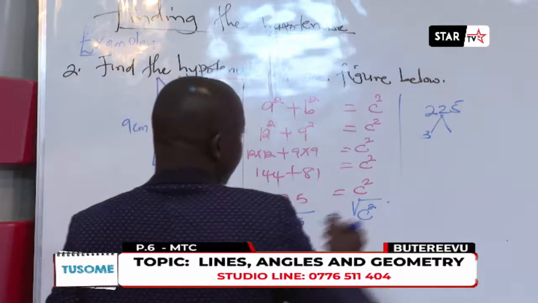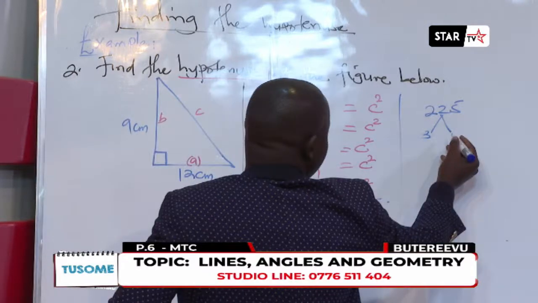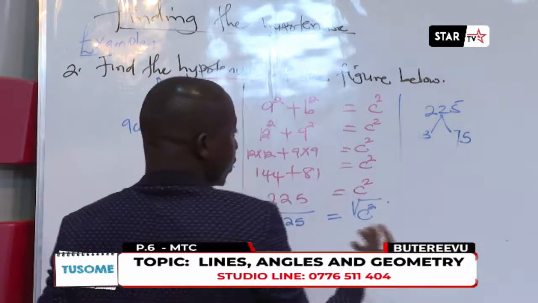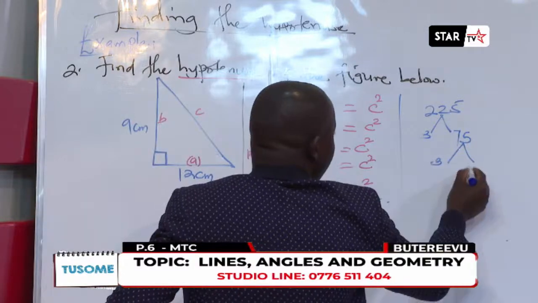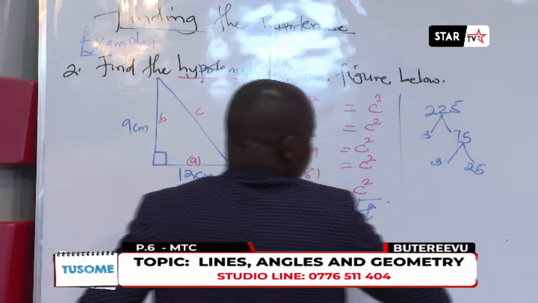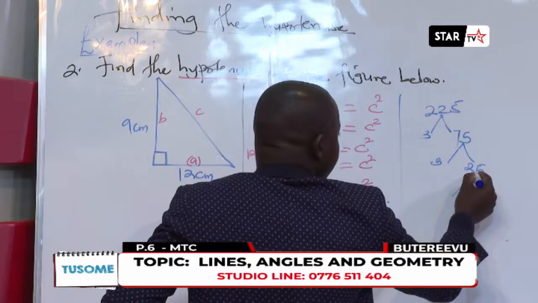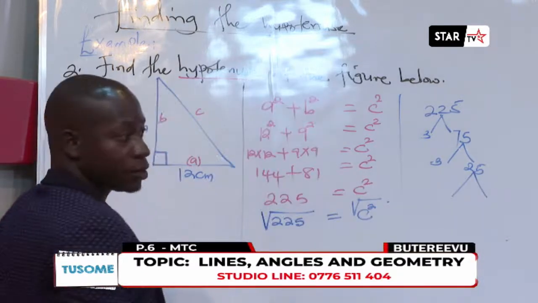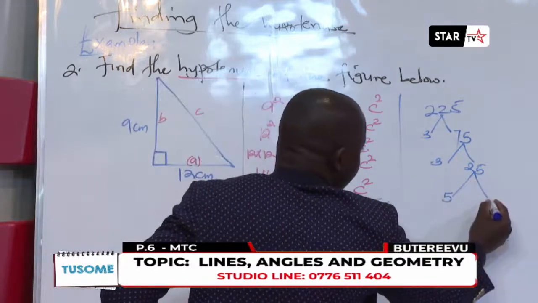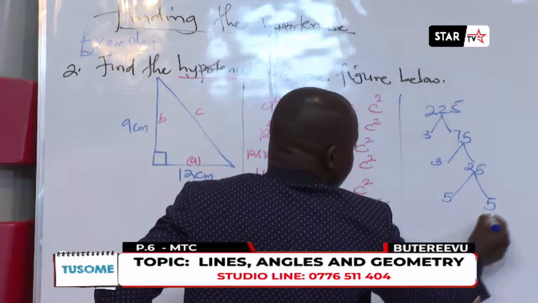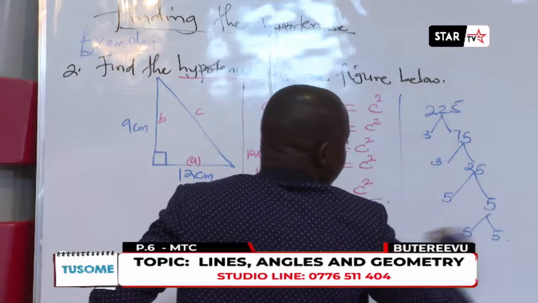When we divide by 3, we get 75. From 75, can we divide still by 3? We now get 25. From 25, who has realized the prime number to use? 5. Thank you. When we divide by 5, we shall get 5. Lastly, when we divide by 5, we get 5.